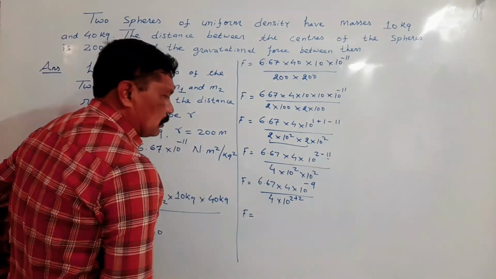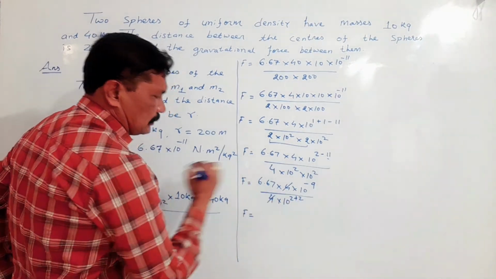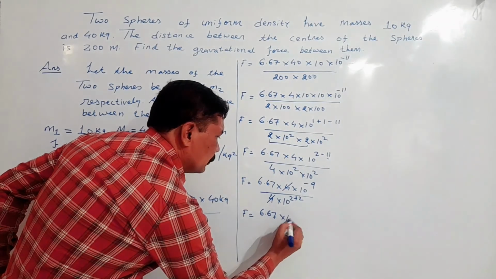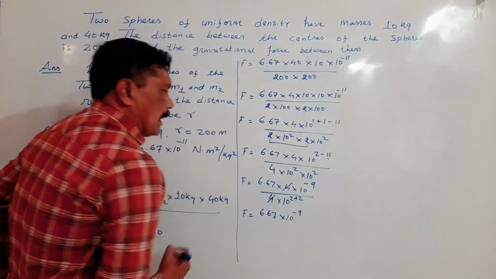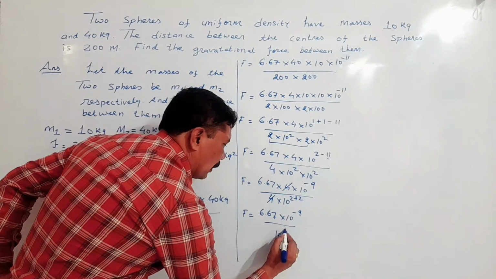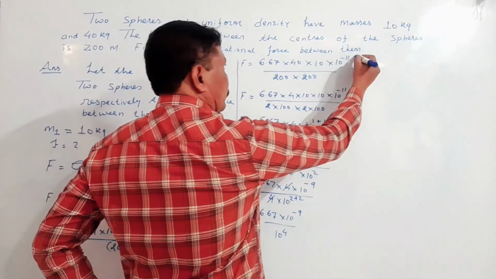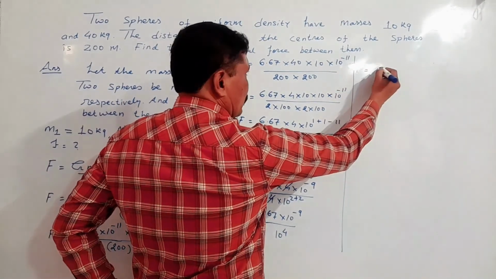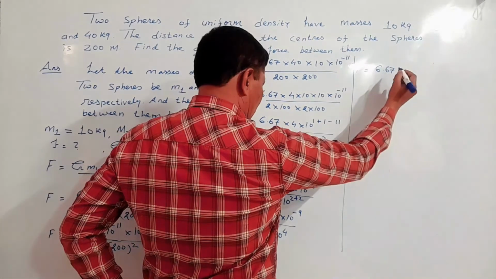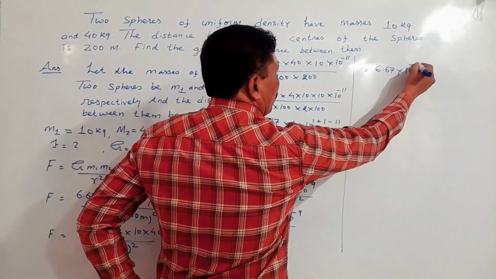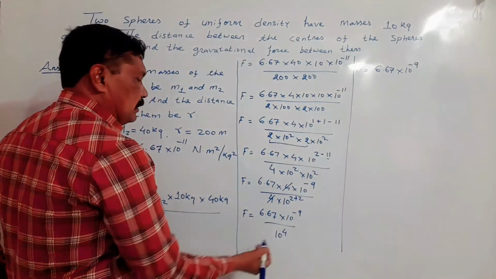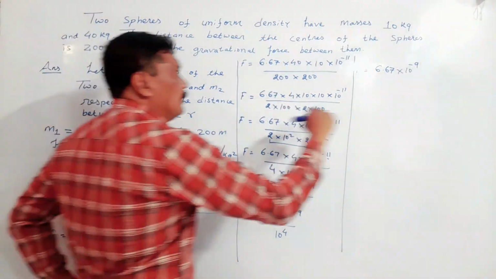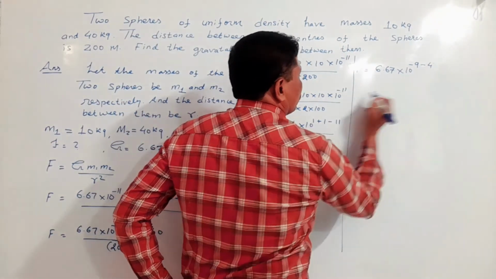So F is equal to, my dear student, here we can cut it. 4 gets cancelled, 6.67 into 10 to the power minus 9 upon 10 to the power 4. My dear student, F is equal to 6.67 into 10 to the power minus 9, 10 to the power 4 is in the denominator, we can take it in the numerator, so plus will become minus, so we will write here minus 4.